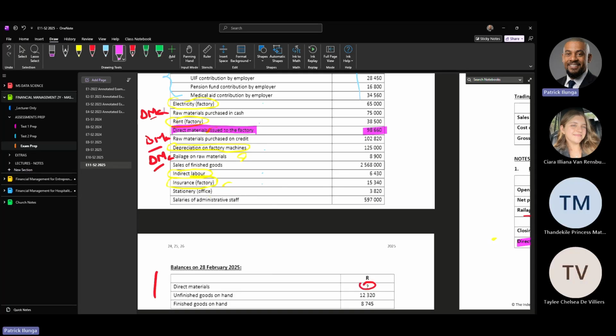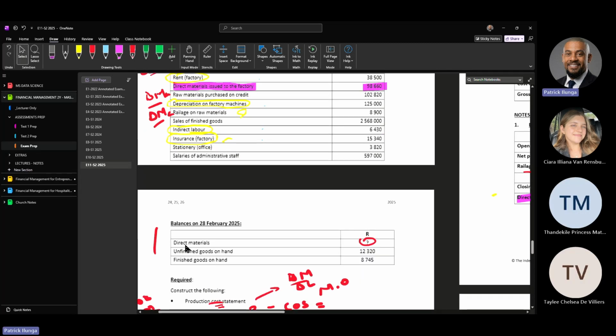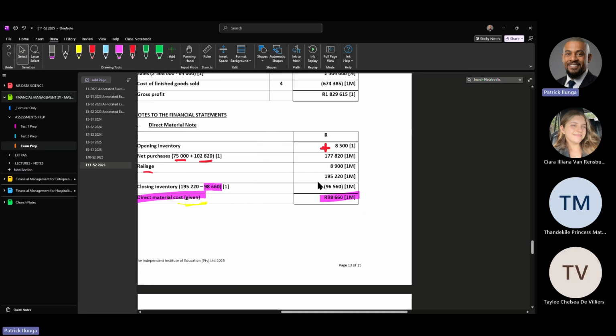So look, if you have a question like this in your paper, do not panic. This should be an indication to you. Let me repeat again. Direct materials issued. So meaning for this production, this was the total they used. And that's the reason why we had to work out the closing balance. Look at the closing balance here. We had to work it out.